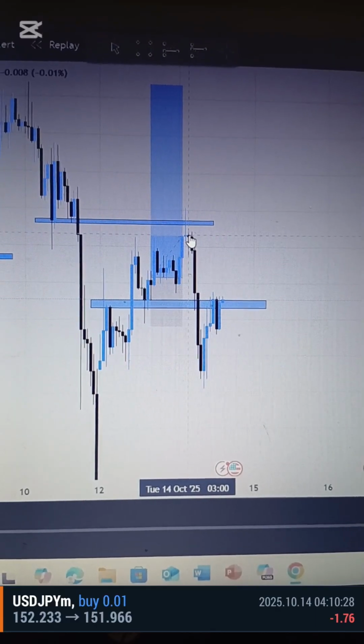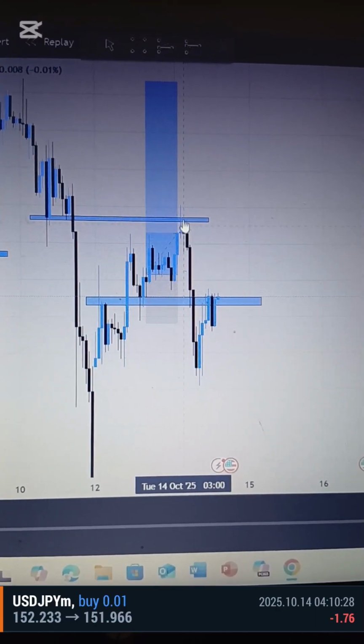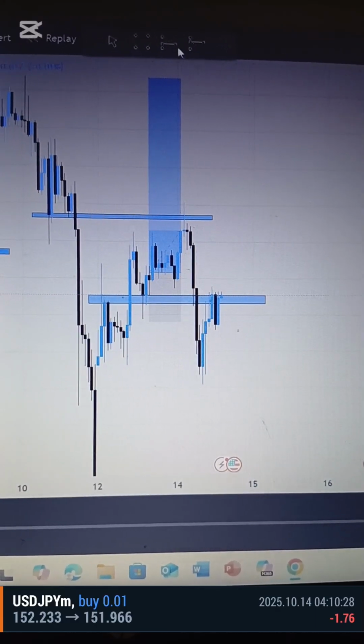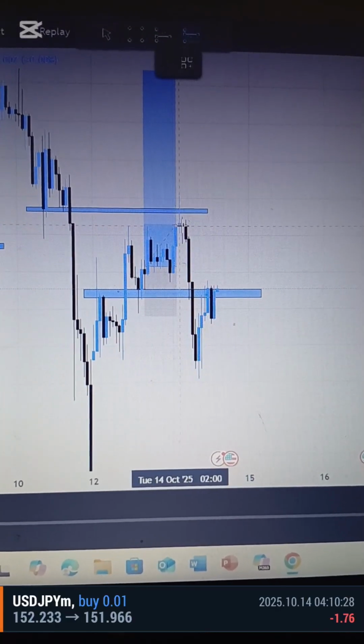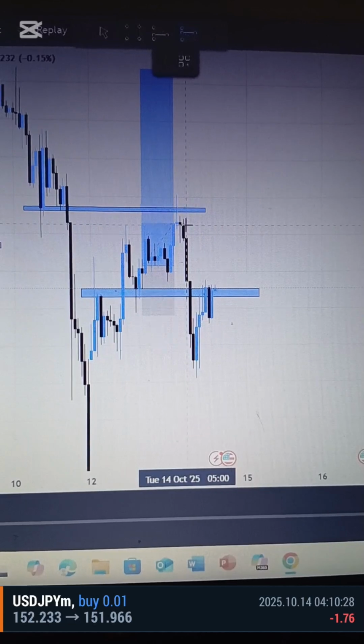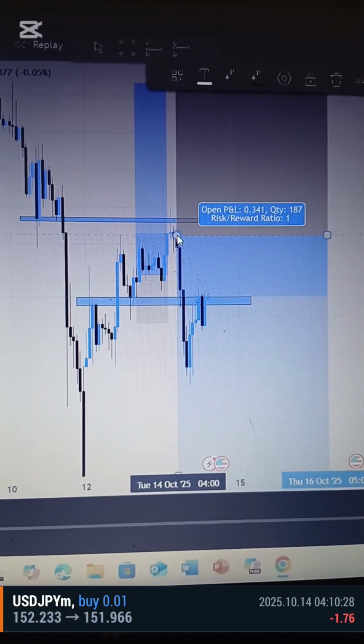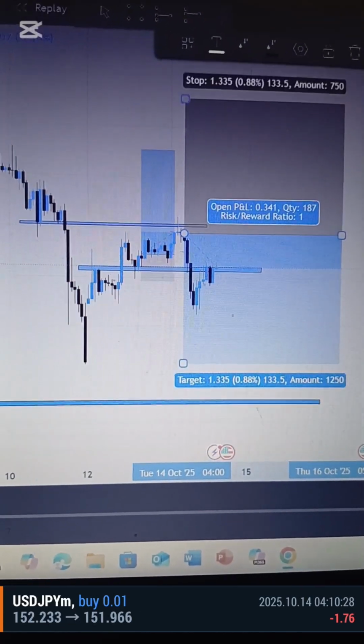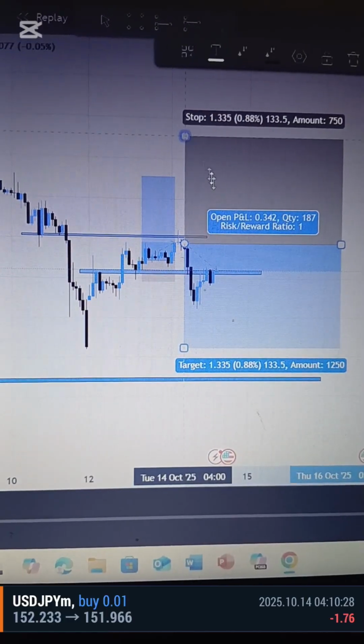If I would have entered here and put my stop above here, let me show you, usually I take 1 to 3, and the risk reward would have been so easily met. So let me show you here.